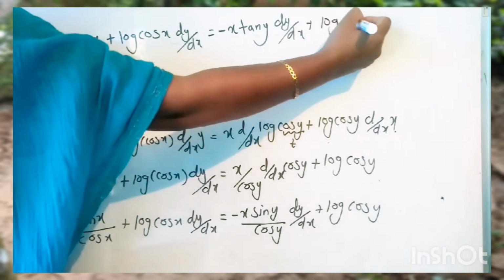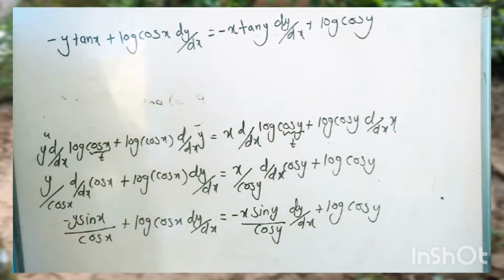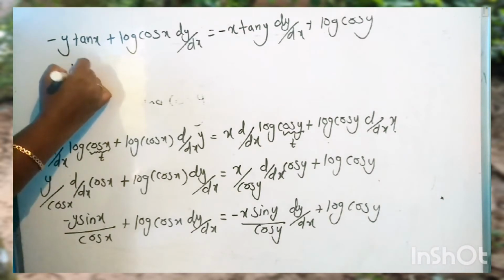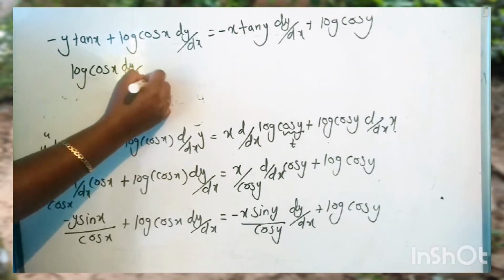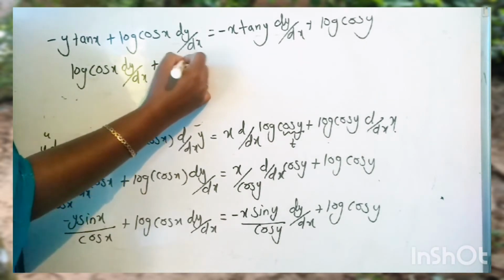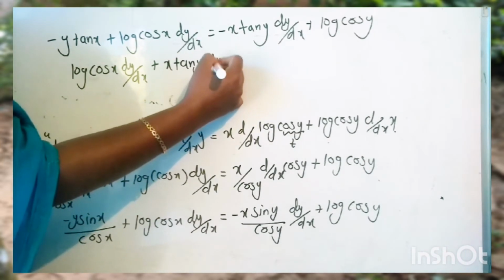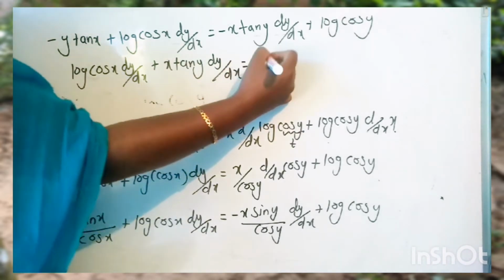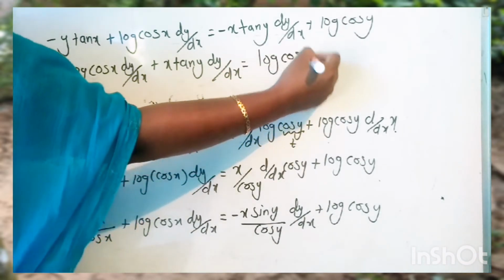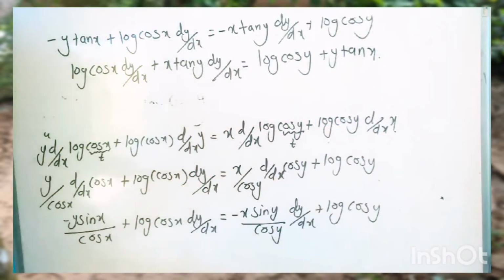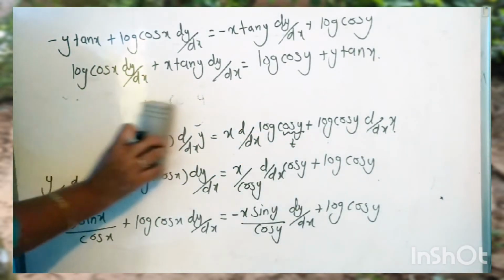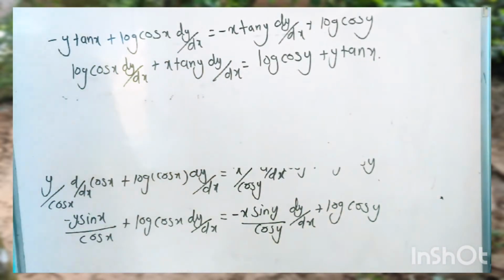Now take all the terms which contain dy by dx to one side, that is log cos x into dy by dx plus x tan y into dy by dx is equal to log cos y plus y tan x. On the LHS, dy by dx is common, so take it outside.